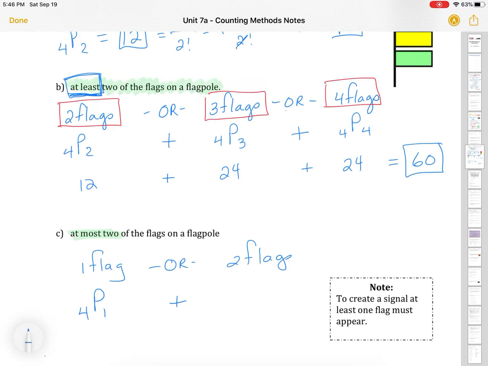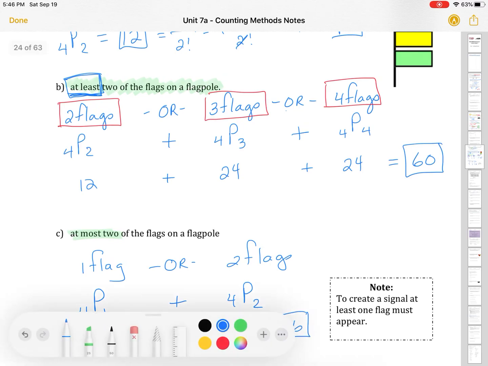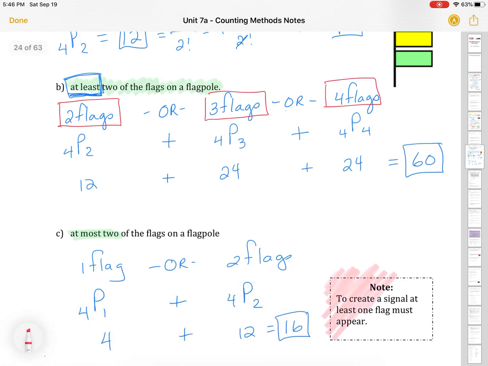Okay, so for one flag, it would be 4, but we can only pick one. Plus, because it's OR, right? 4, pick 2. Now, 4P1, when you put that in, is 4. And 4P2, when you put that in, is 12. And that gives us 16.